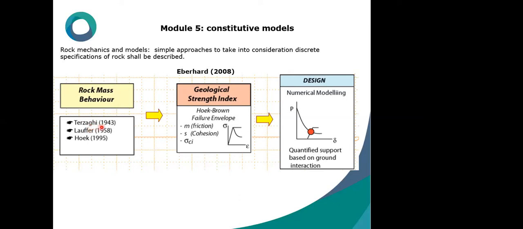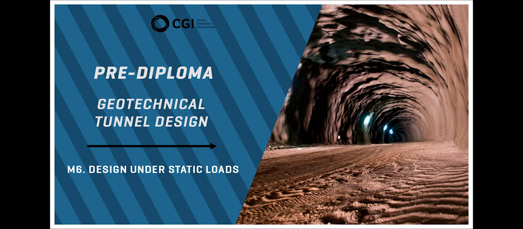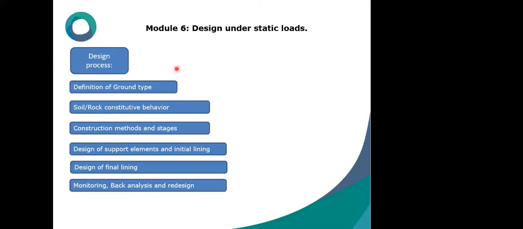The theories of Terzaghi, Loffer, Hoek can be used to explain the behavior, and the geological strength index can then be achieved from the Hoek-Brown failure envelope with these two parameters, and the design with numerical modeling will then follow. Then we get to module 6, design under static loads.